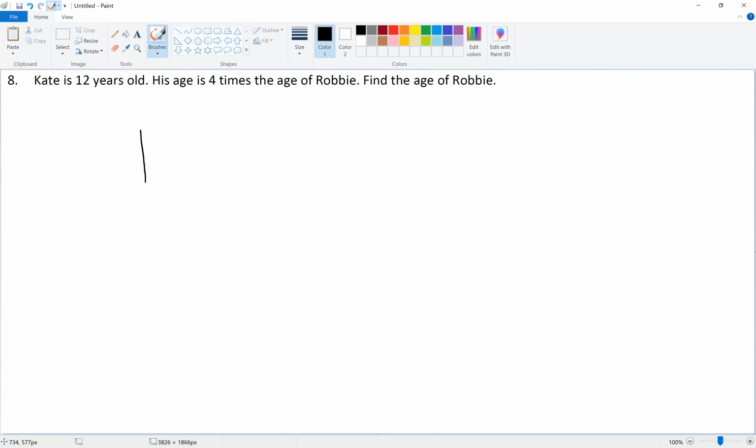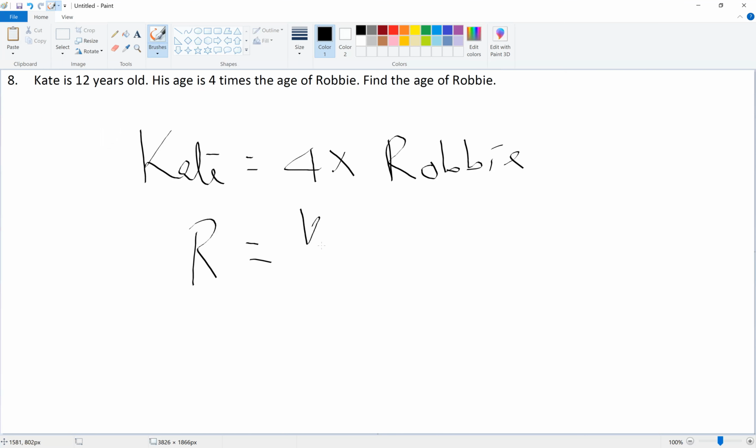It says Kate is 4 times Robbie. Okay, go ahead. So to find Robbie's age, you have to do Kate divided by 4, which is 3.